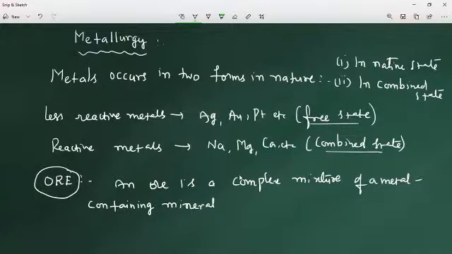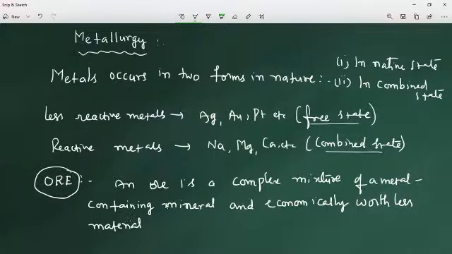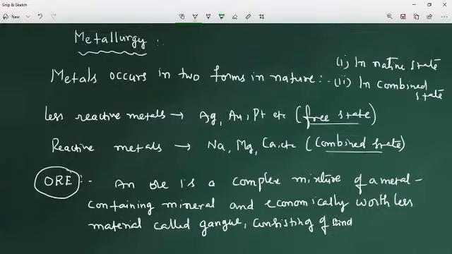And when discussing this, the economically worthless material is called gangue, which is economically worthless material, consisting of sand, clay, and other impurities.